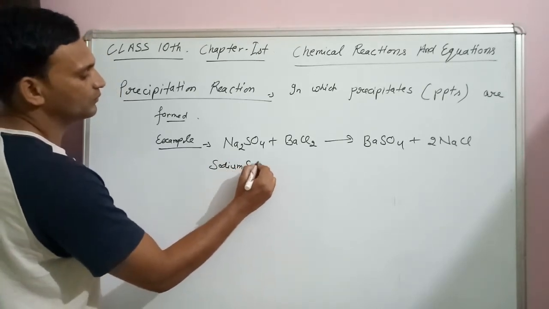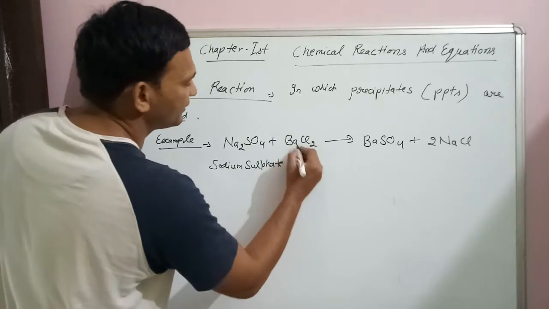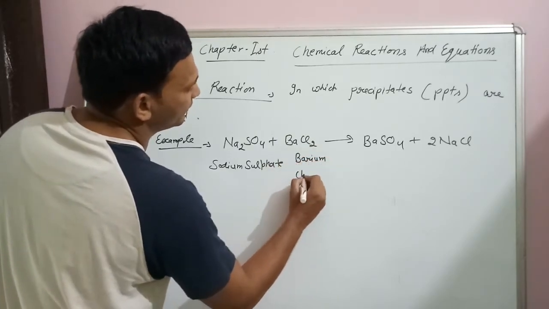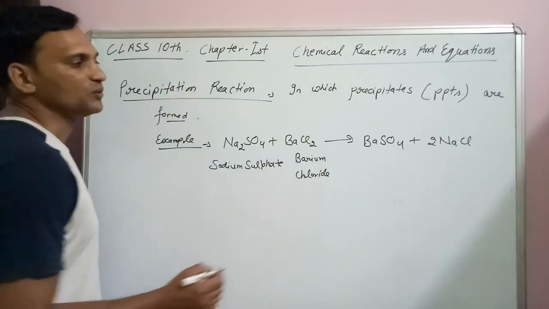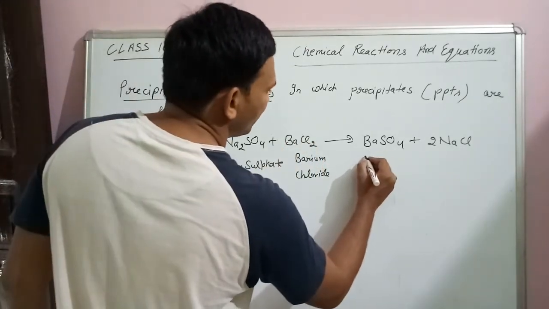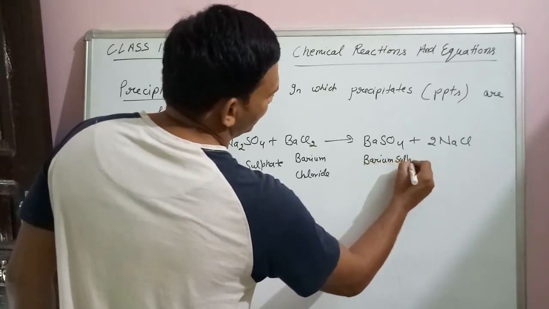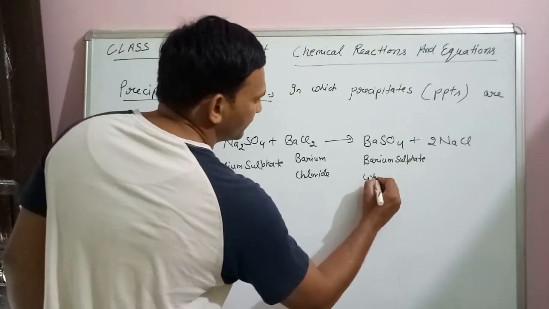sodium sulfate. When sodium sulfate reacts with barium chloride, BaCl2, it forms BaSO4, that is barium sulfate.